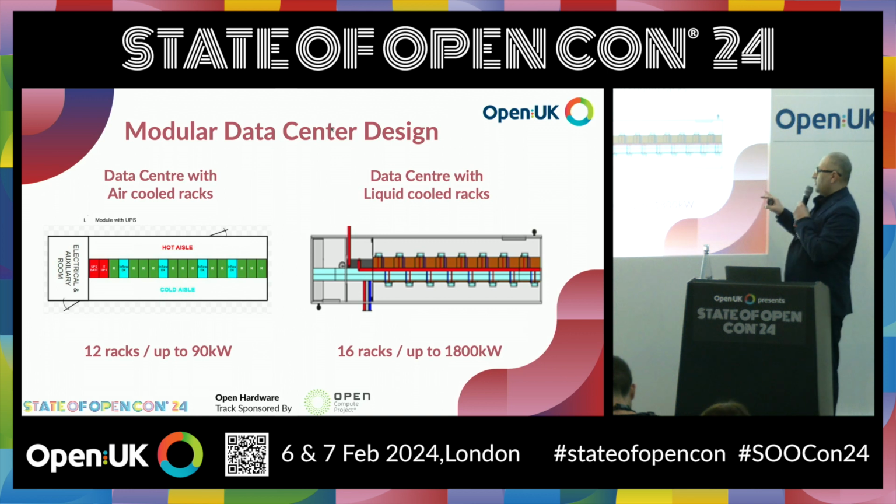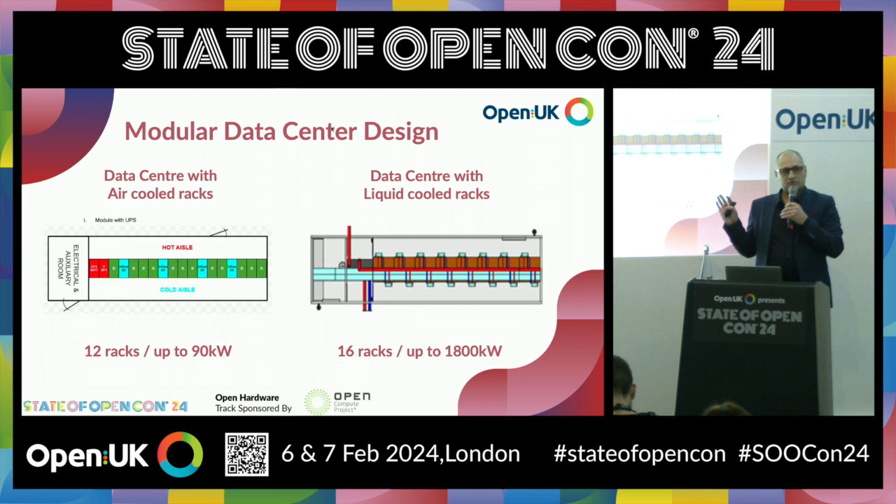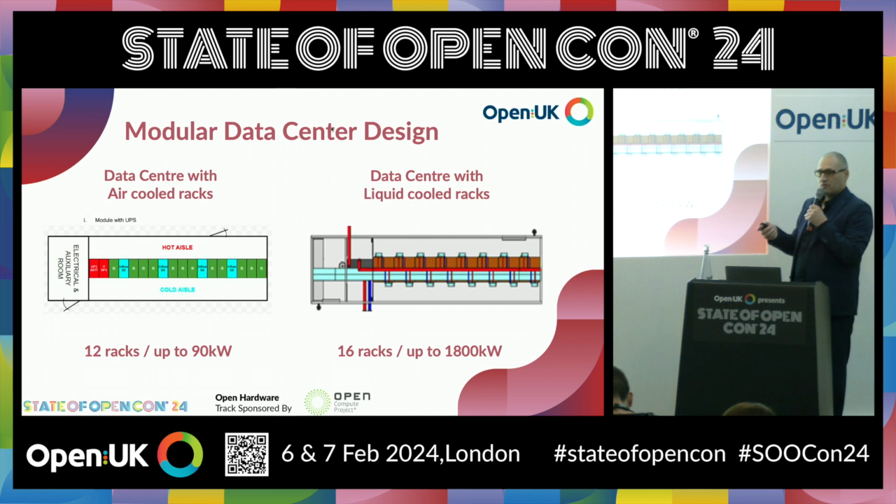It gives you almost 1 megawatt, but we can densify it more and achieve even 1.8 megawatts. So the difference is 20 times. So you can imagine what it means: 20 times less embodied carbon of the building, higher temperatures, better PUE, and the opportunity to make heat reuse.